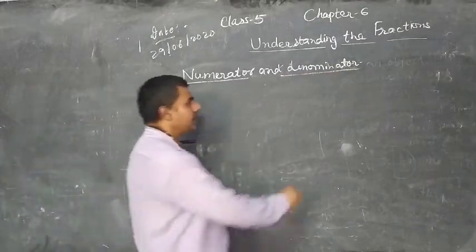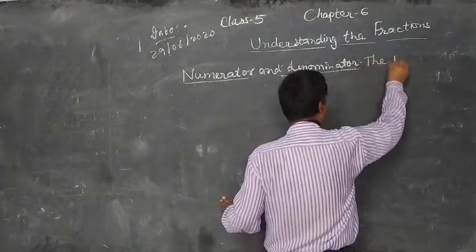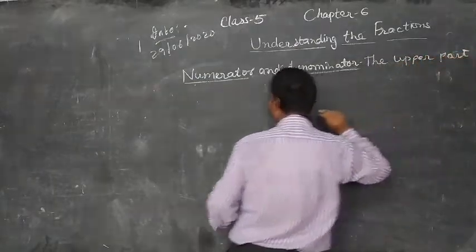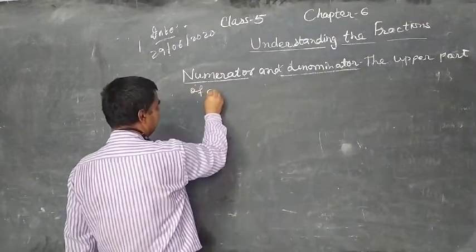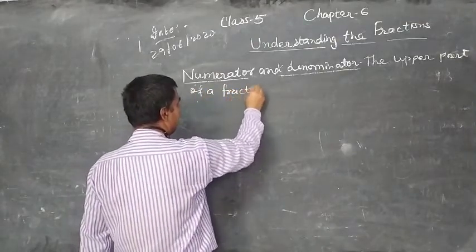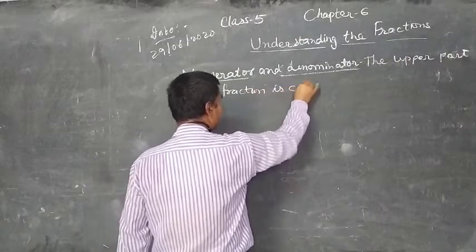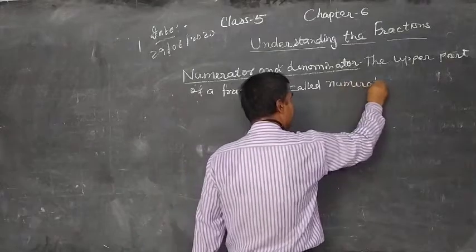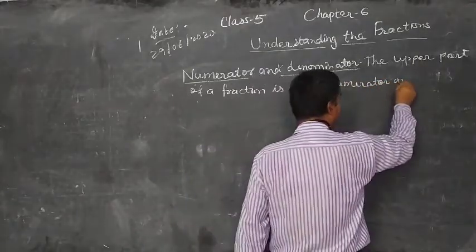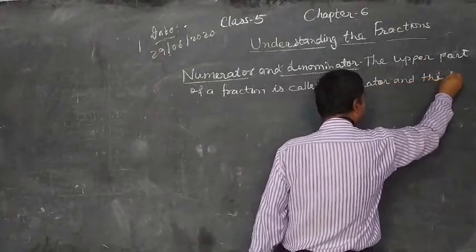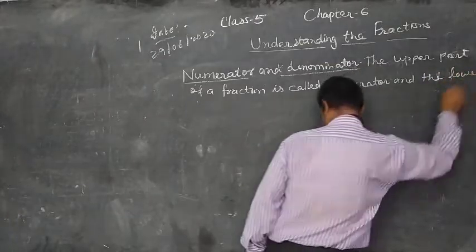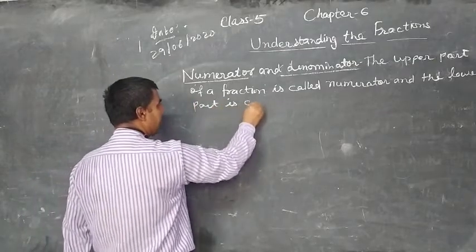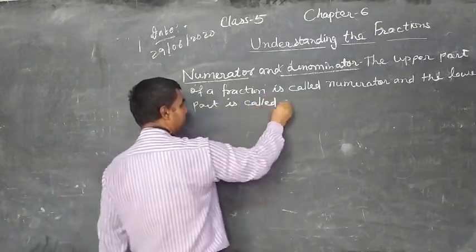In a fraction, the upper part of a fraction is called numerator and the lower part is called denominator.